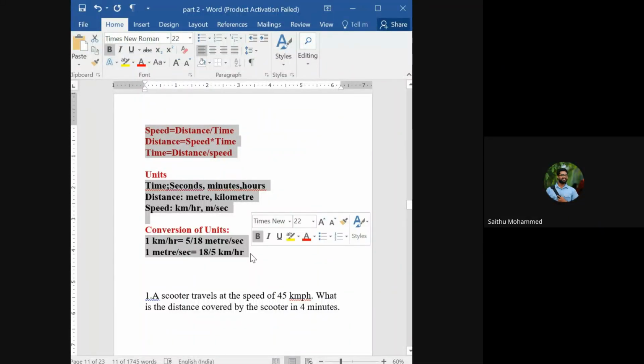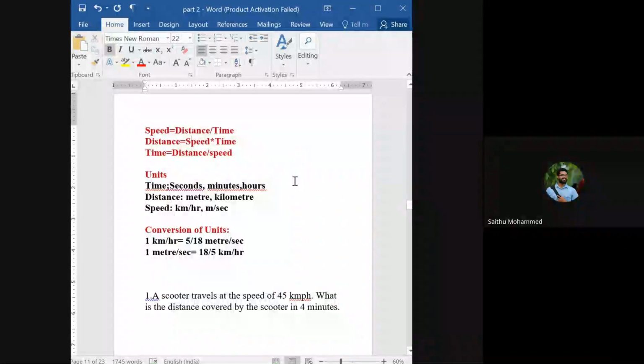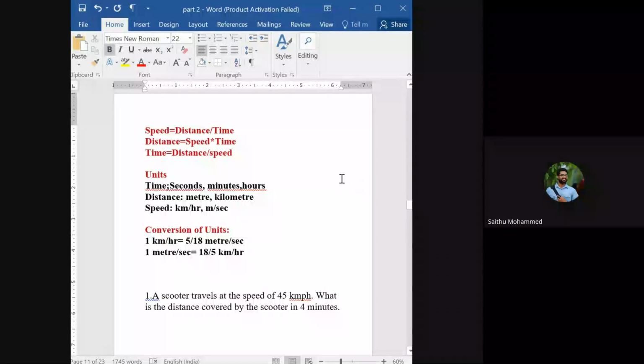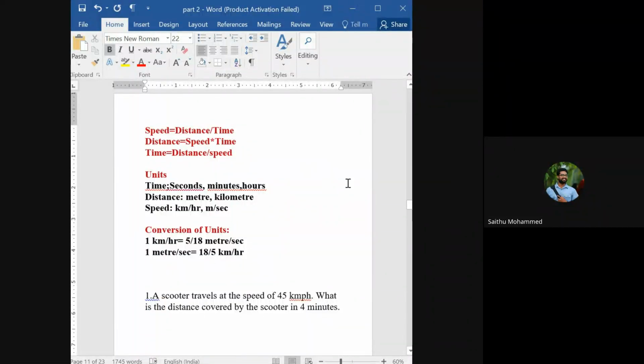So this formula we can remember easily if you just draw a Y, and you can write D, S, T. In the Y arc you can write D, and on the left side of that Y you can write S, and on the right side of the Y you can write T. So D equals S into T. That means distance equals speed into time, and speed equals distance by time.